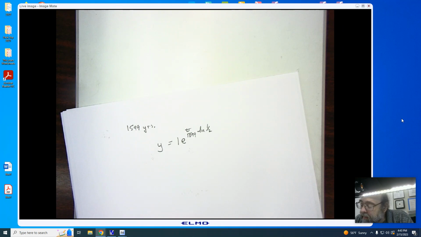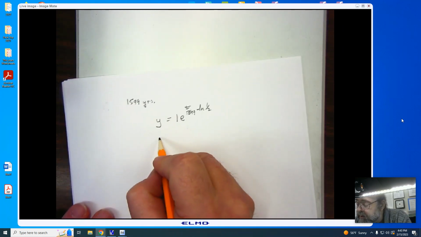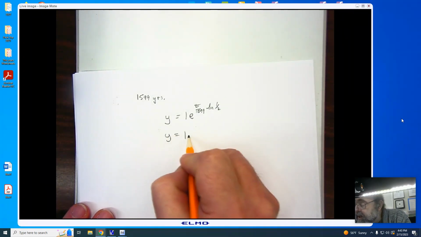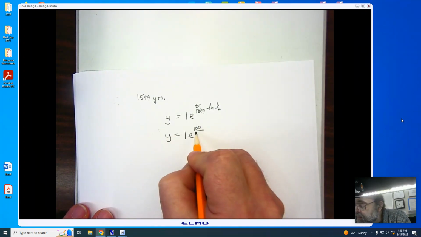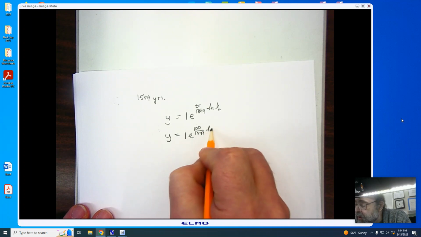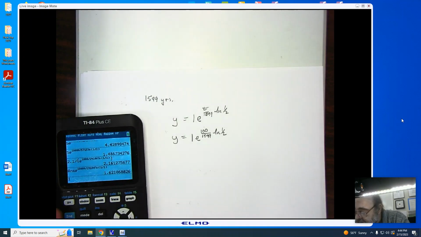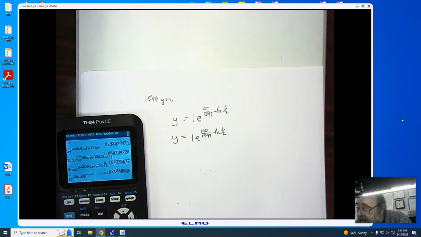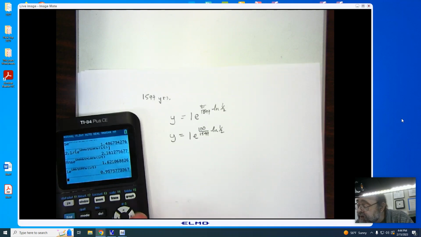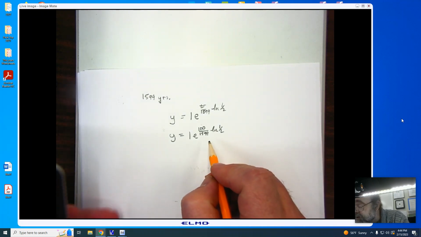And I'm now going to find out how much of that one whole we have after 100 years. So I have y equals 1 e to the 100 divided by 1599 natural log of 1 divided by 2. This will give me a decimal less than 1, and I can convert it into a percent. So here we go. 1 times e to the power of 100 divided by 1599 natural log of 1 divided by 2, and my answer is 95.75%.